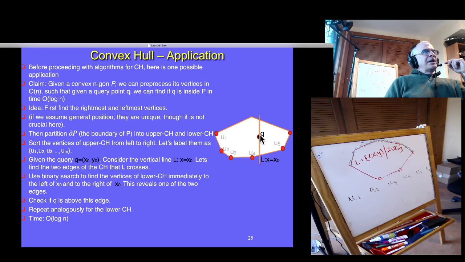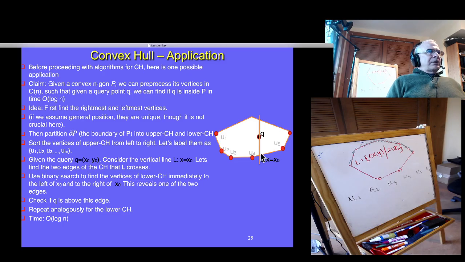Think why. So if Q is inside the polygon, then my line L needs to cross, in general position, two edges, one at the top, one at the bottom. Again, ignoring the case right now that this line goes exactly through a vertex.